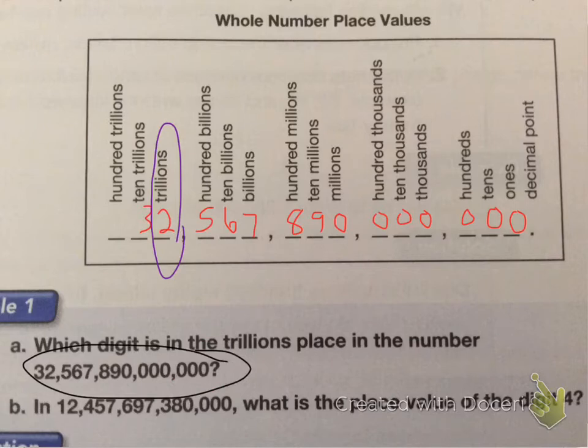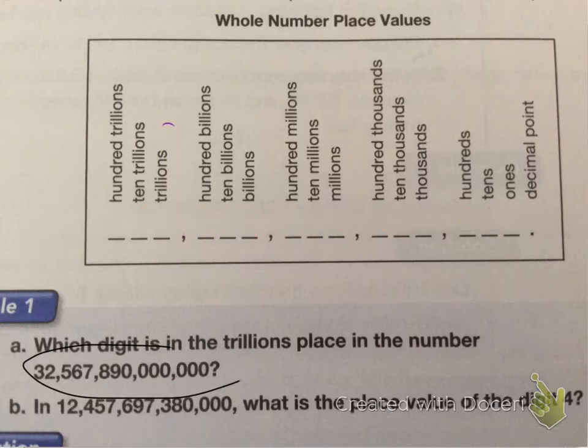On the second one, it wants to know in this number what value is the digit 4. So here's my 4, and I need to figure out where it goes. Again, I'm going to put these numbers up into my place value chart. That's one of the easiest ways to do it.